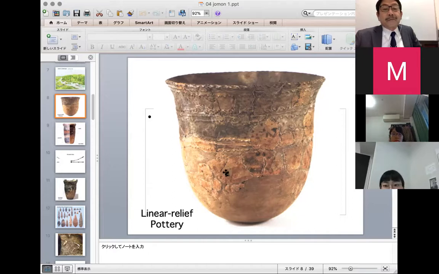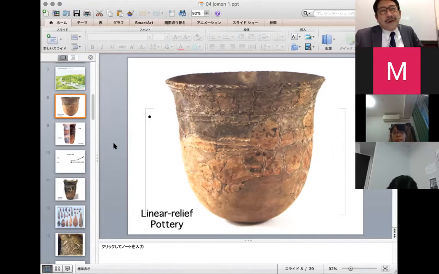But anyway, the introduction of pottery changed the lifestyle so much, because in order to utilize many of the plant resources, some species, you can't just eat them raw or just by baking, but you have to remove something bad, elements like tannin, really harsh.